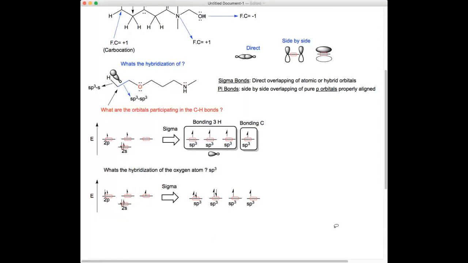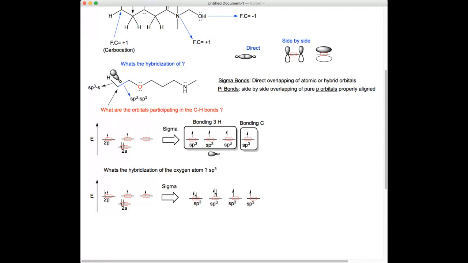So 4 hybrid orbitals, 6 electrons, and now my question is, how many hybrid orbitals can oxygen provide for bonding? It can provide only 2 because the other 2 hybrid orbitals are already full. They cannot be shared with any other atom.